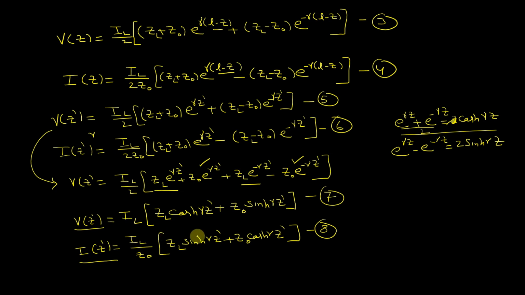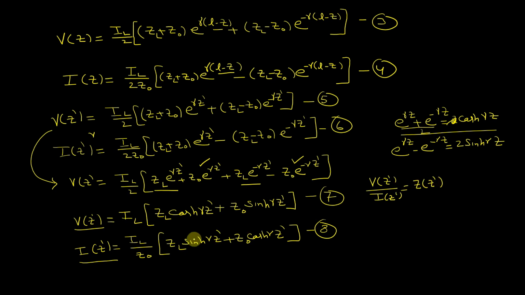I'm writing here Vz dash divided by Iz dash, let us write it as Z dash. This is the impedance when we look towards the load end of the line at a distance of Z dash.